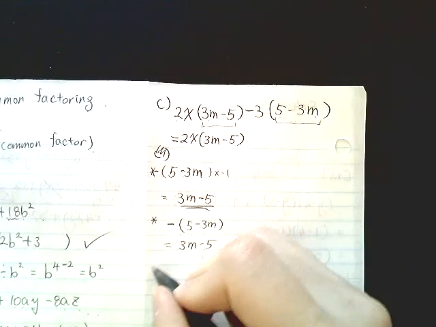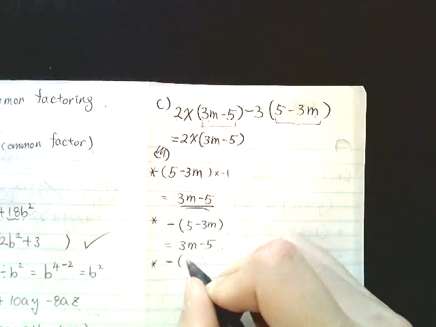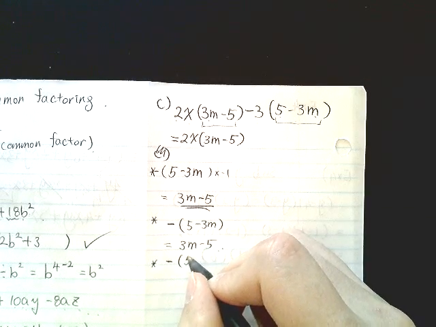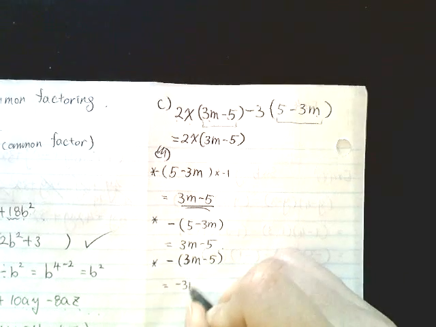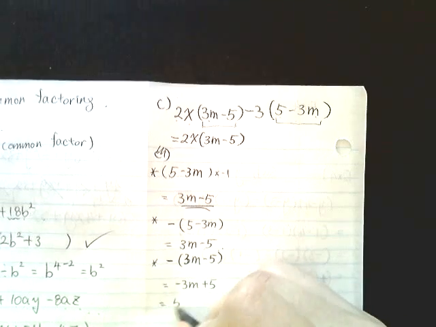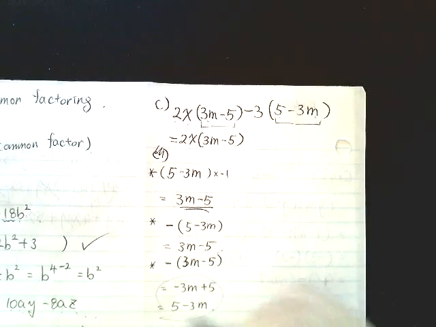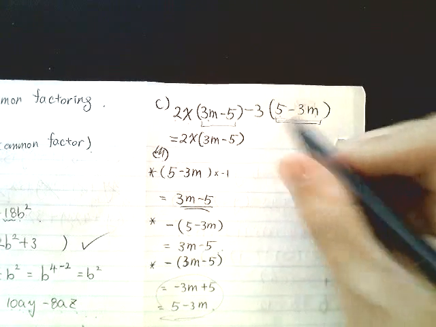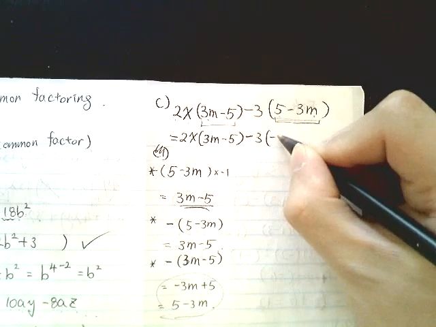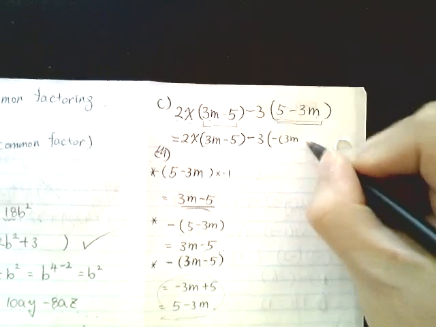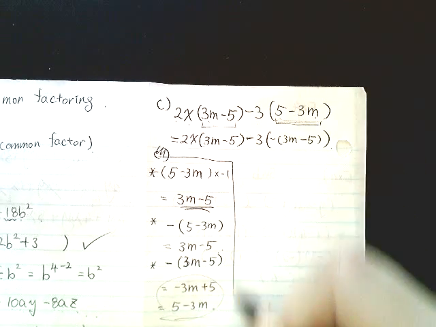So using the same analogy, I can put the negative sign outside 3m minus 5, this becomes negative 3m plus 5, which is 5 minus 3m. So this basically means that this can change to negative 3 times (3m minus 5). Okay, I'm going to make a small box here.